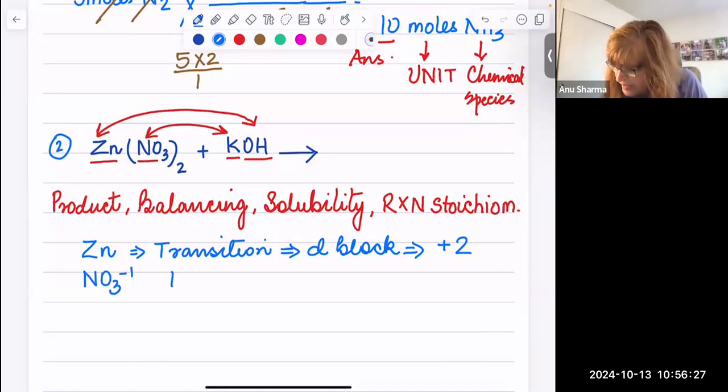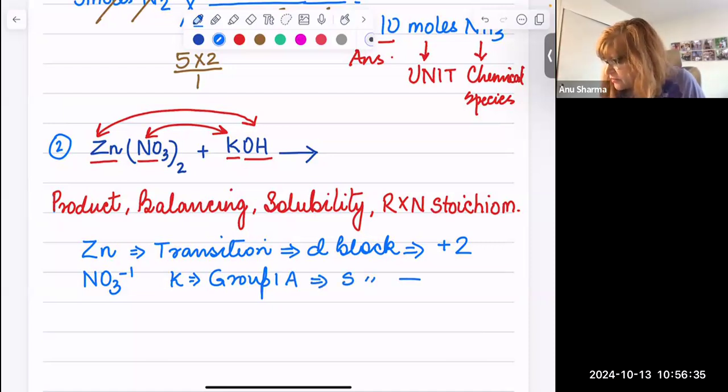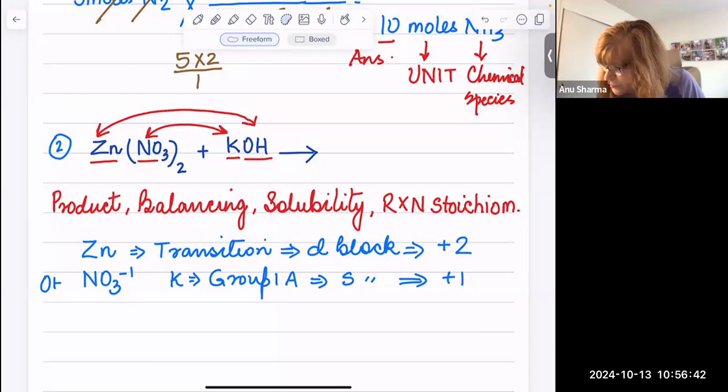Potassium is in group 1A, and it's an S block, so the charge is +1. And then the other is OH minus. So that's something you will have to memorize.